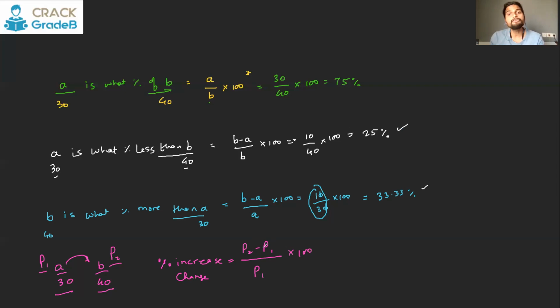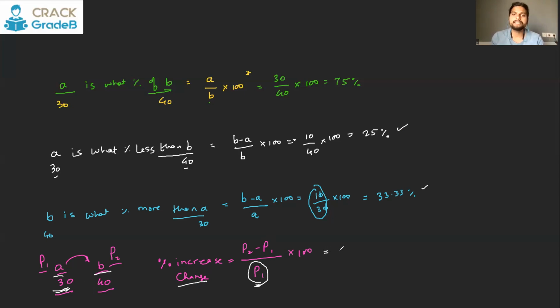So all you have to do is write the difference between the initial value and final value, and the base will always be the initial value, into 100. Be it percent increase, percent decrease, or in general percent change, the base will always be the initial value on which that change is happening.